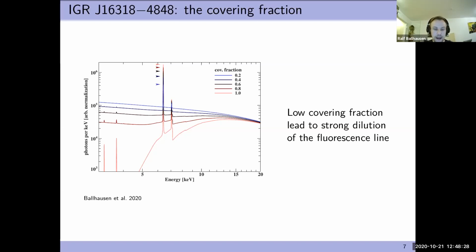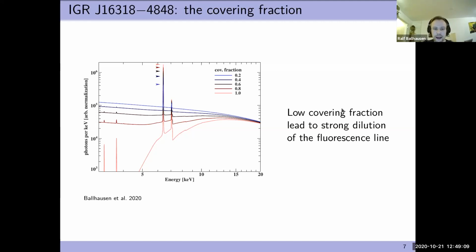And the idea to look for dust in the system now really came from infrared observations, because infrared observations that have been published a couple of years ago report signatures of a strong dust infrared emitter, but indicate that there's a lot of dust in the system.